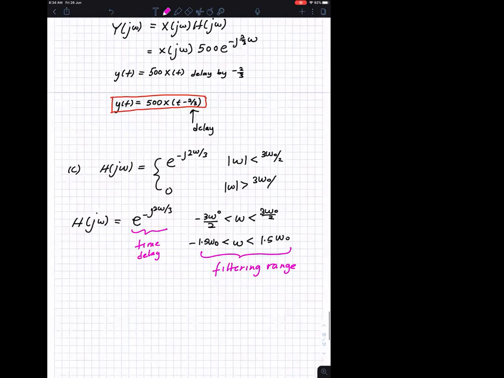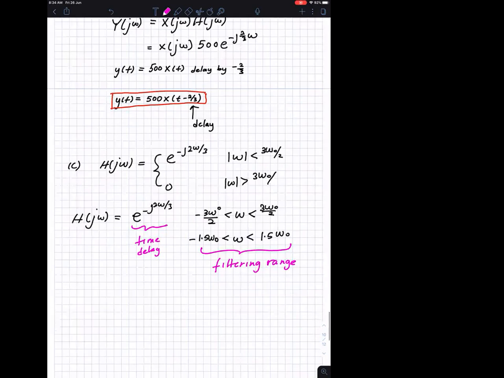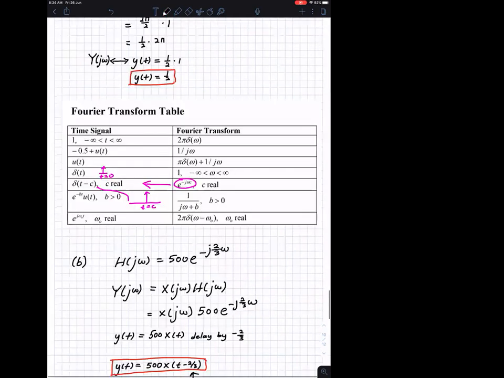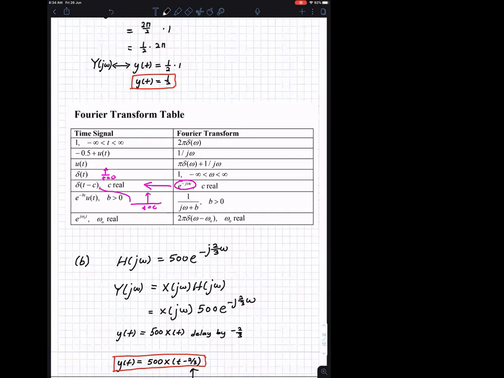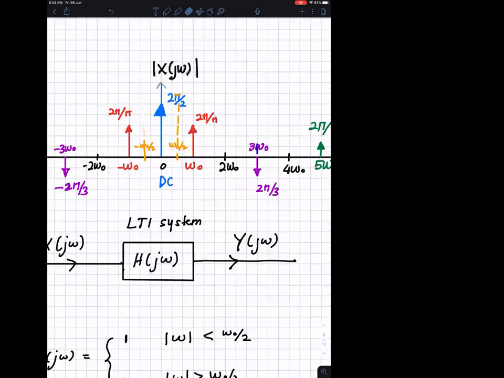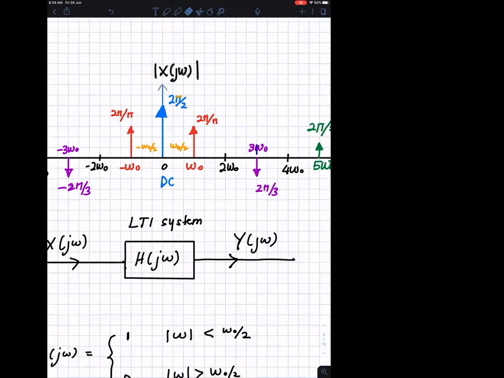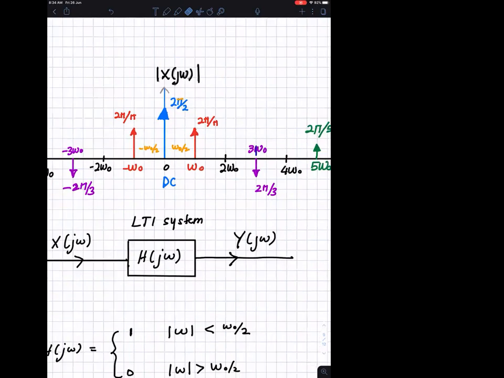So if you look, we'll take off the previous one. 1.5 omega naught is somewhere here, right?